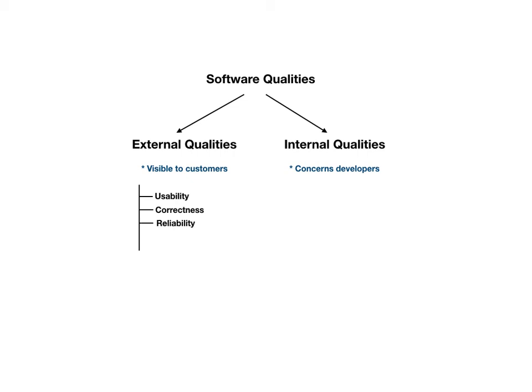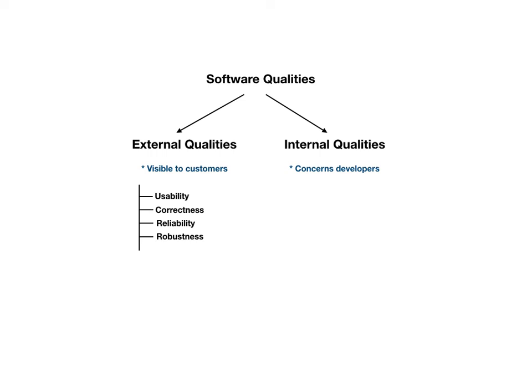The next one is reliability. It's a low probability of system failure. Your software will be reliable when it will not be down, when there is a low probability of system failure. The next one is robustness.